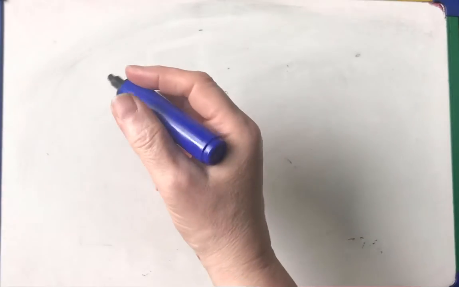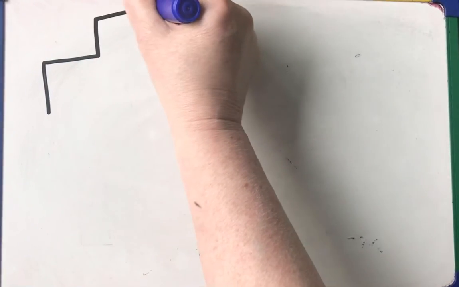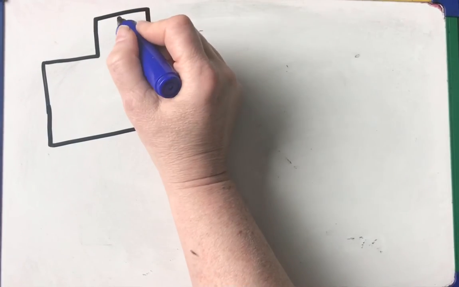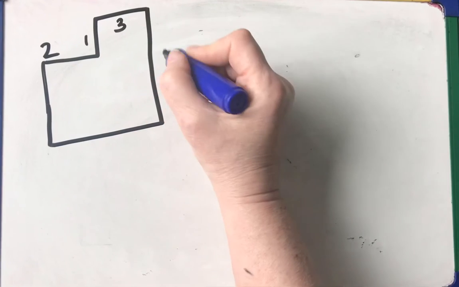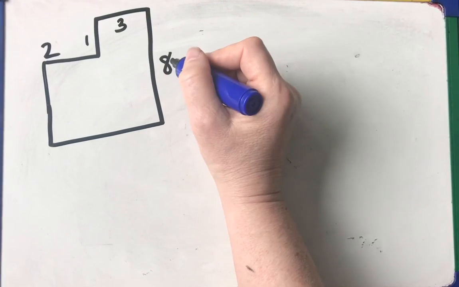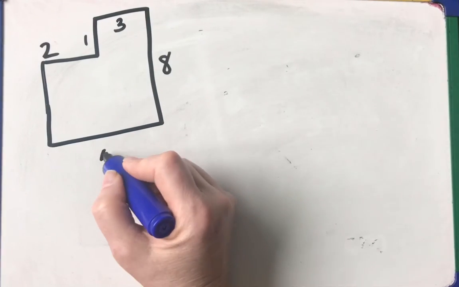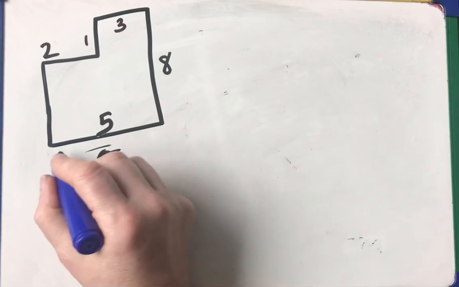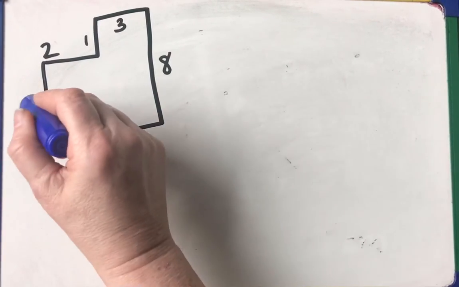Right, I'm going to give some shapes for you to have a go at, just 3. It's quite a simple little topic. So let's have a look. Here's a shape. Now there's no missing sides for you to calculate. So this one is 2, that's 1, that's 3, that's 8, this is 5, that's 5, and then this one is 7.